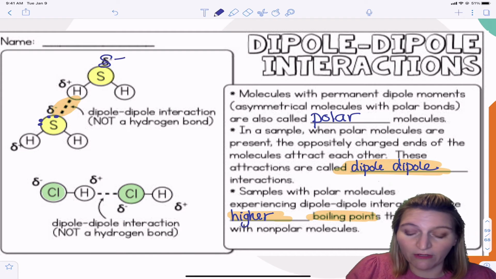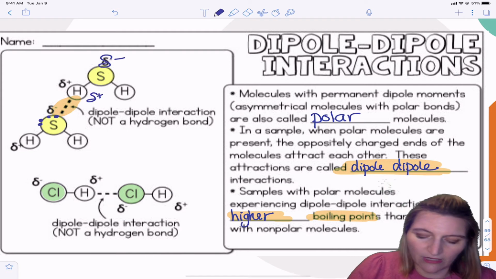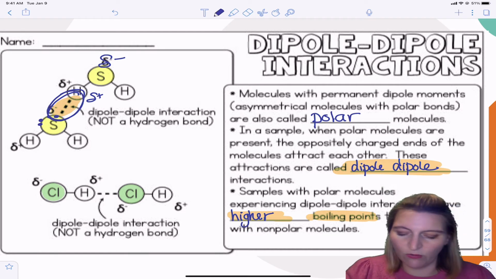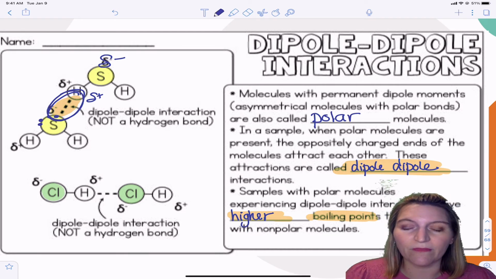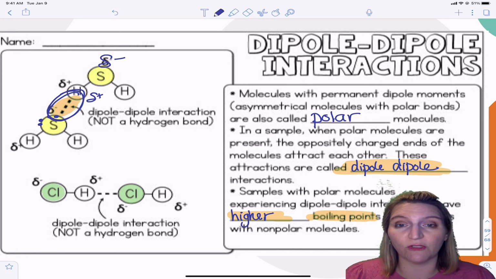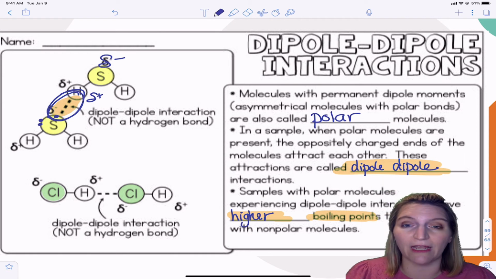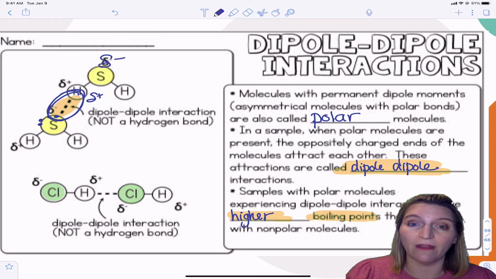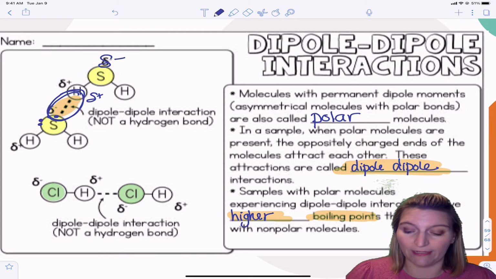So this side of the molecule is negative. The hydrogen side of the molecule is positive. And those sides are always attracted to each other. So it would take a lot more energy to overcome those attractions because they would be there all the time, as opposed to London dispersion forces where they're only there for an instant.